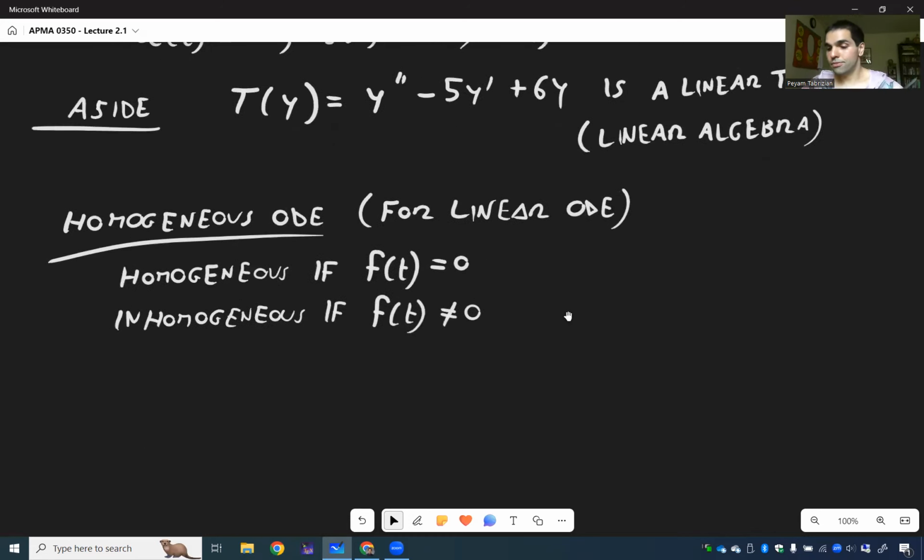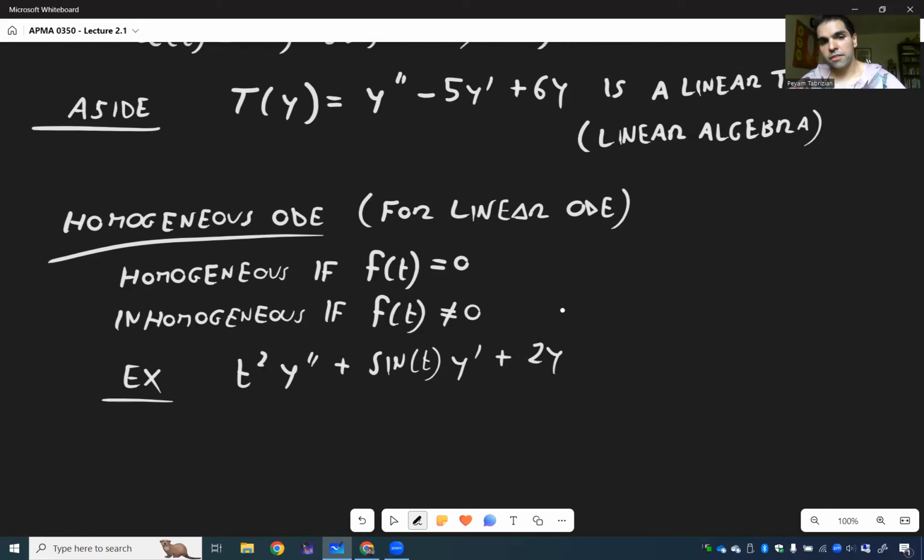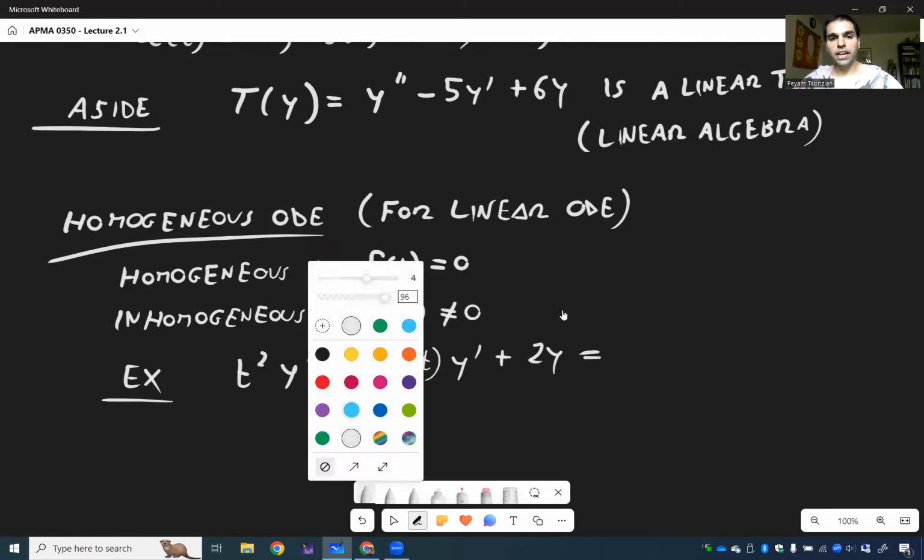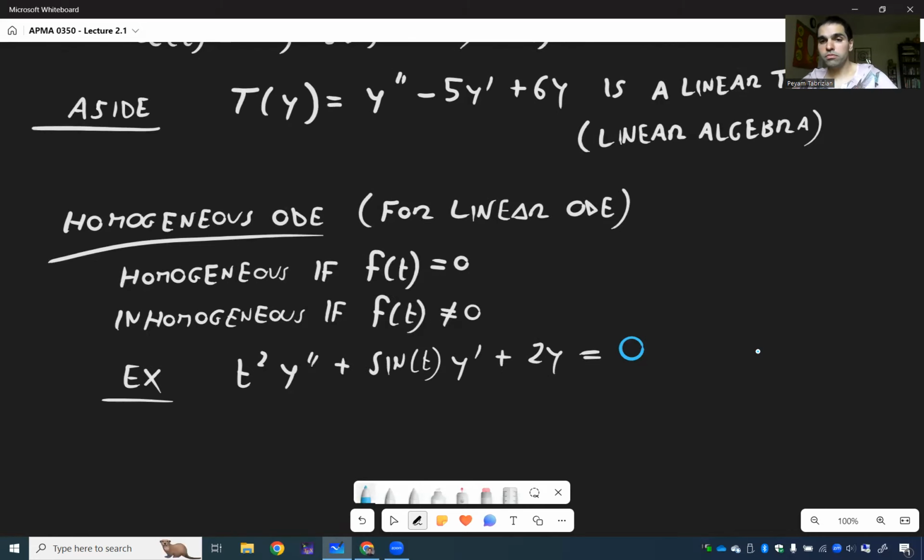And again, it's much easier to explain with an example. For instance, take the following linear ODE, t squared y double prime plus sine of t y prime plus 2y. If the right-hand side is 0, this is homogeneous.